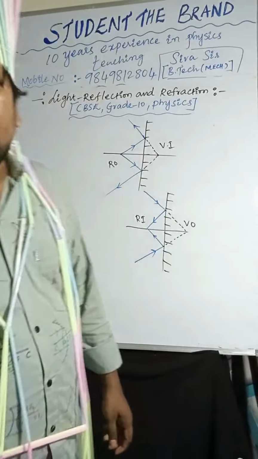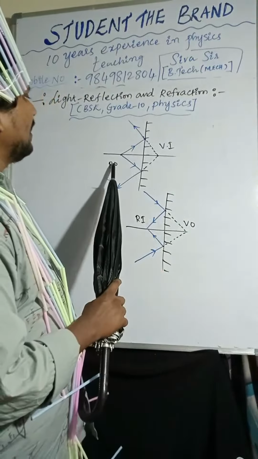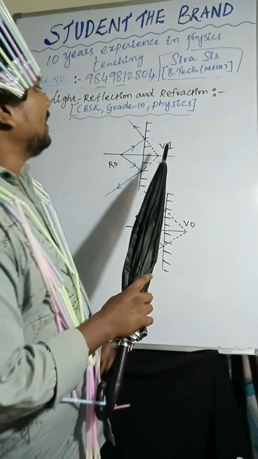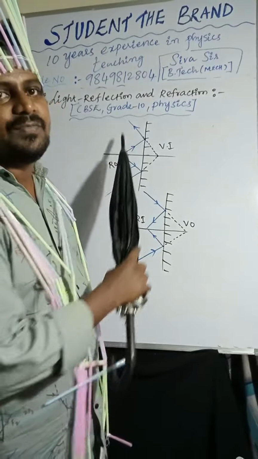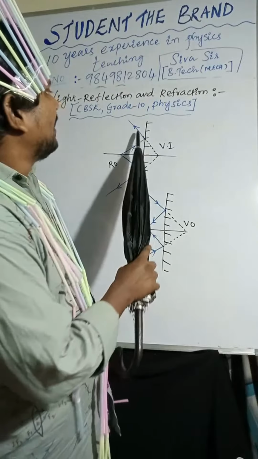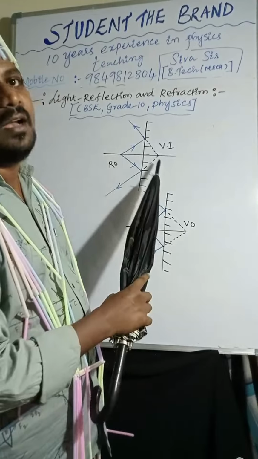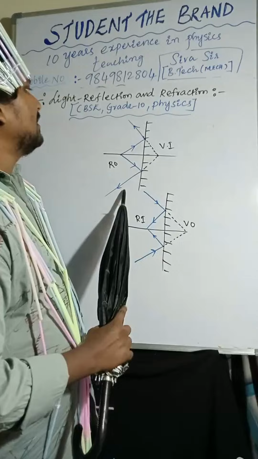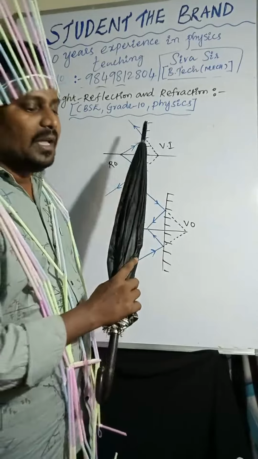Observe one point here. For a real object, light rays are coming from this point, and we extend the reflected light rays. The extended reflected light rays meet at one point, and their image is forming.